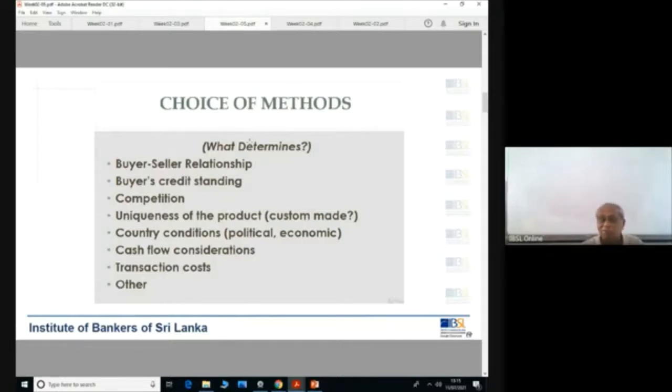Now we are talking about advance payment. These days, advance payment is blocked by the banks. The central bank doesn't want us to send any advance payment anymore. So even though we have 4 payment methods, one is cut off. Then cash flow consideration, transaction costs, and many other things. Based on those, we have to decide the best payment method for the international trade transaction.